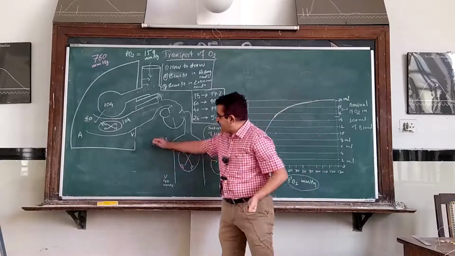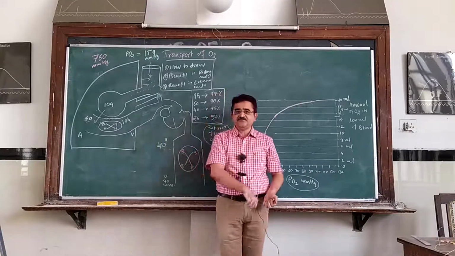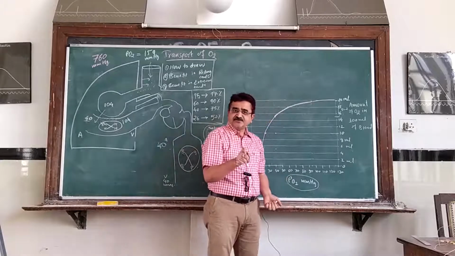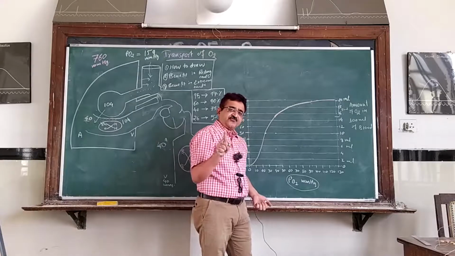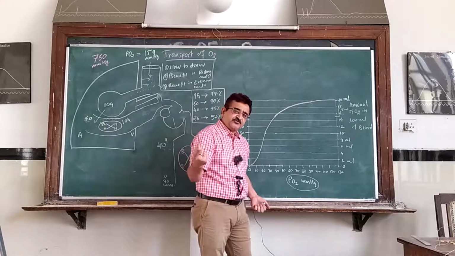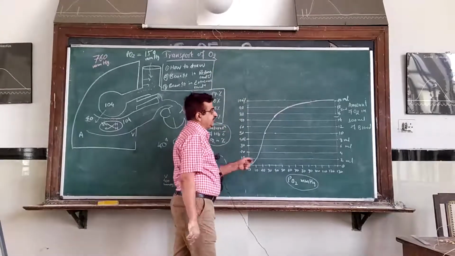Supposing it has fallen to 40 millimeter of mercury. Will this blood be able to deliver the required amount of O2, that is 5 ml of O2, to the tissues even at this high altitude?